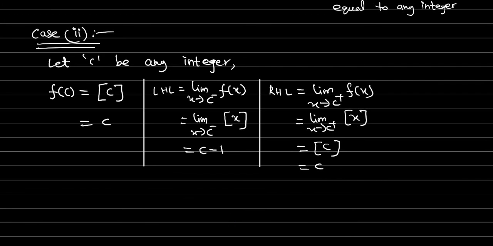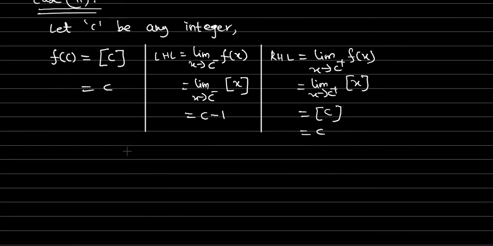But anyway, if you notice, the left hand limit and right hand limit values do not coincide. First they have to match, then only we can check with f of C. But here itself it is not matching. So the left hand limit is not equal to the right hand limit. So what can we say?